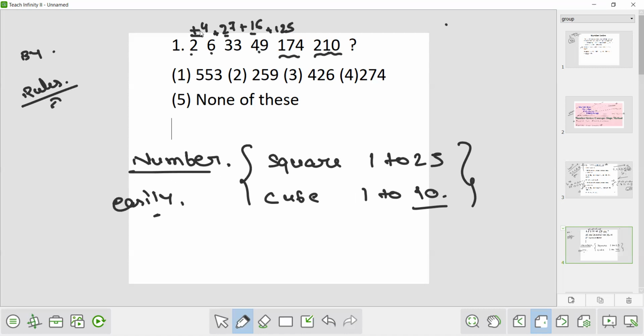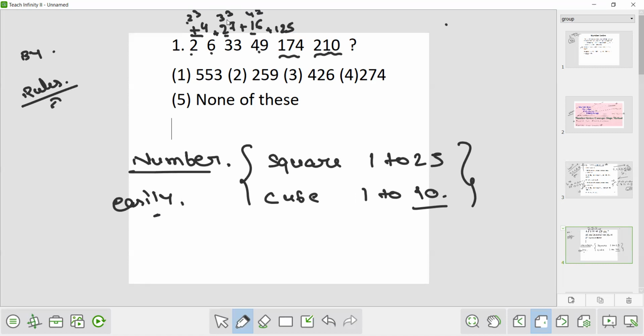So here we see that it's plus 4. Plus 4 means 2 square. Plus 27 means 3 cube. Now plus 16, so 16 will be 4 square. Now the rule gets confirmed.